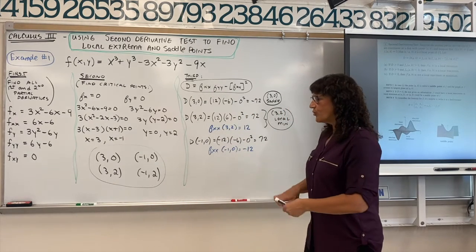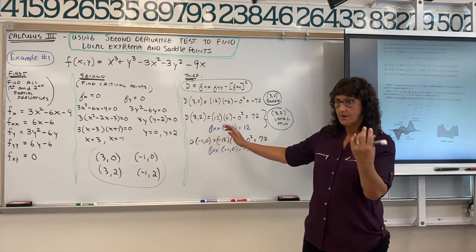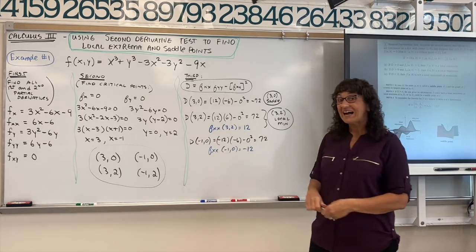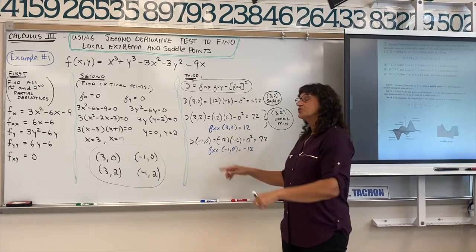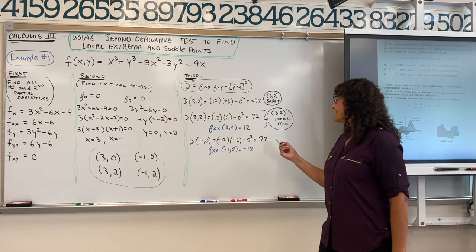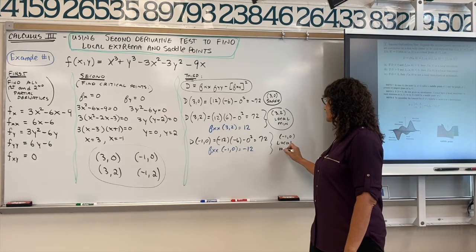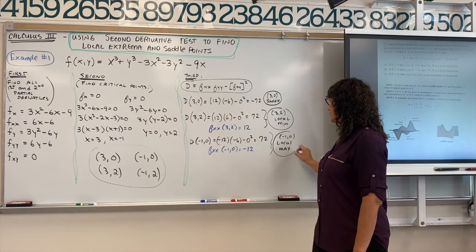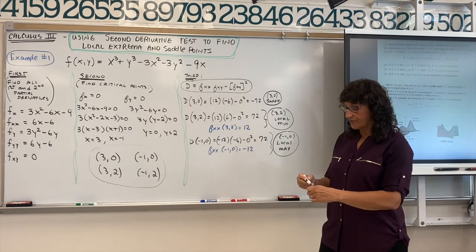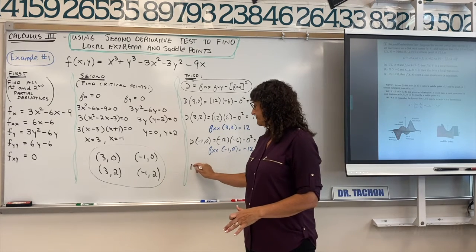So if your D value, the determinant of the second partials, comes out positive, but your second partial with respect to x comes out negative, your critical point is a local maximum. So our critical point here, negative 1, 0, is a local maximum. We're going to figure out the values in a moment. This is just the work that we're doing to classify them.